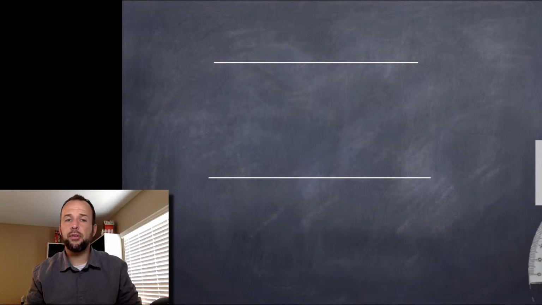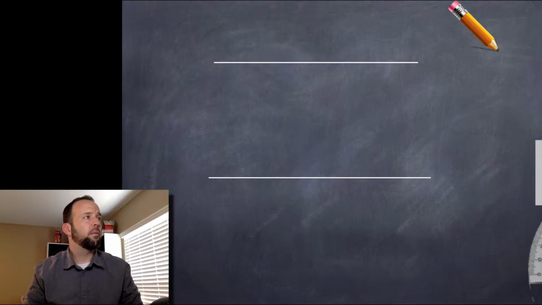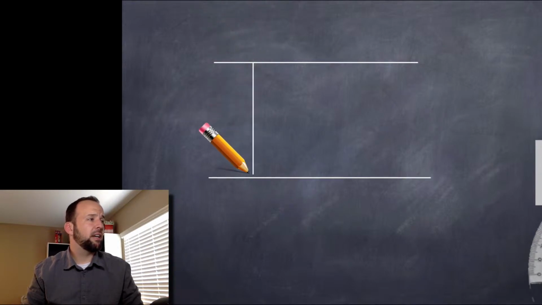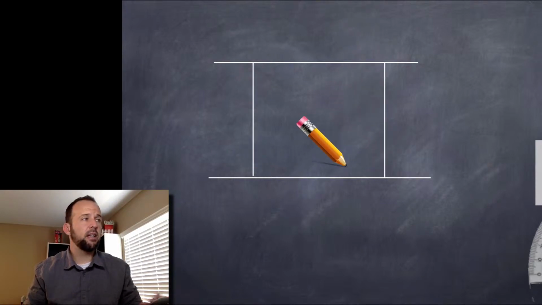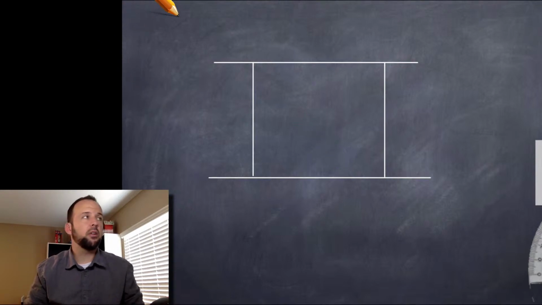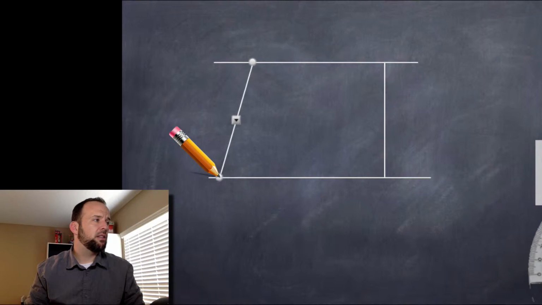Now I'm going to draw another set of parallel lines to close off my parallelogram here. All right, let's see what we got. I could just come straight down at 90 degrees if I want, even though that would be a rectangle or a square depending on the length of my sides. That would still be considered a parallelogram, right? I'm just going to change things up a little bit though, and move these lines out.